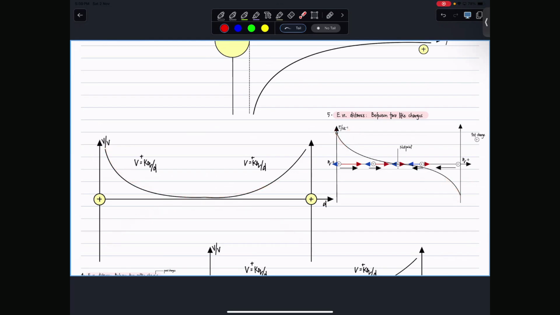Because this graph could have been very easily that graph as well, where my gradient would have been what at the start? Positive. And what would that be as well? Positive. So the values at the start are always going to be the same. And at the center, you cross this point here, which is a null point. A null point is the point where you have net field strength 0, which is where the gradient is 0. Okay, so if you differentiate this, you will get this.